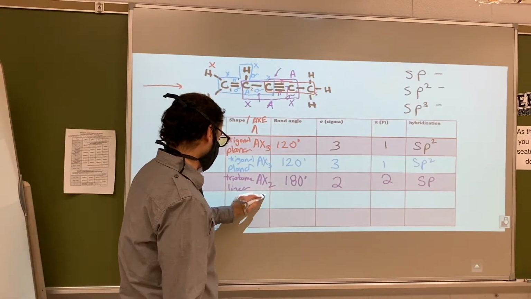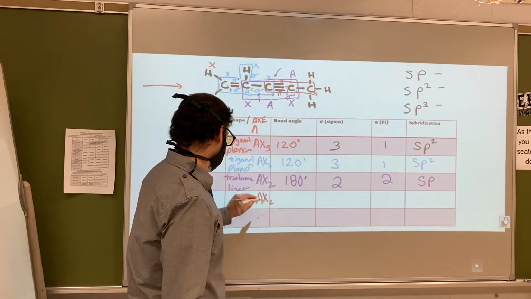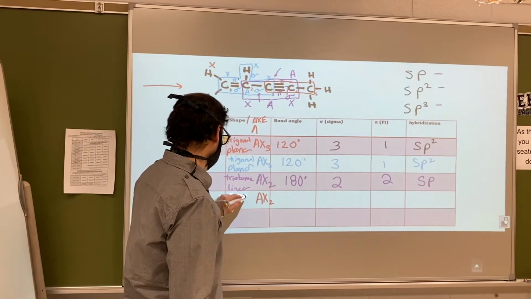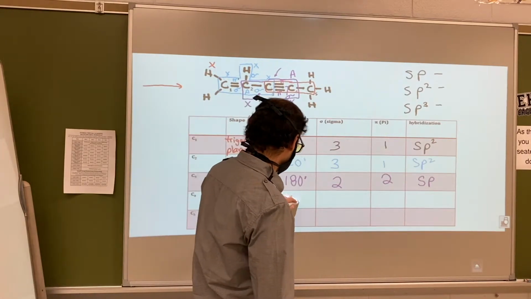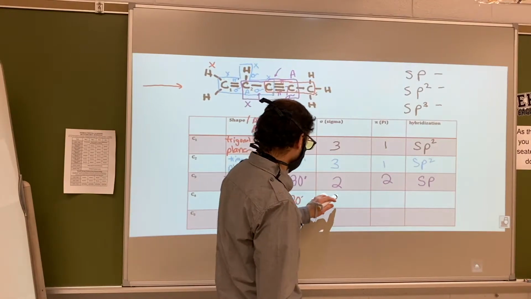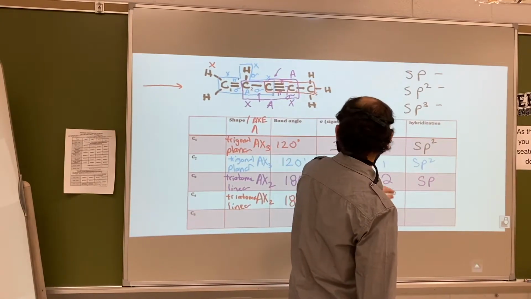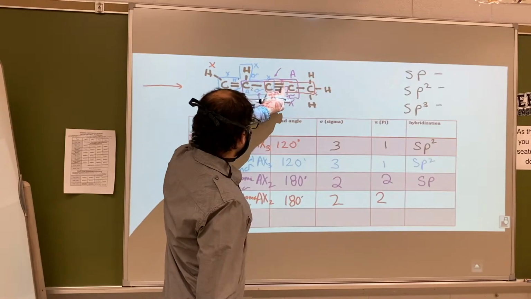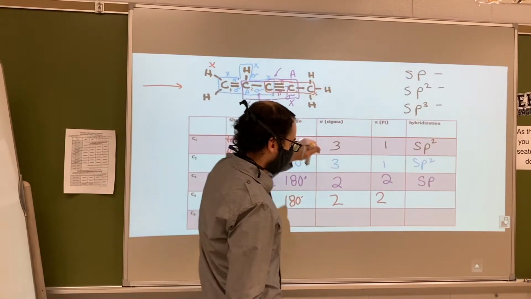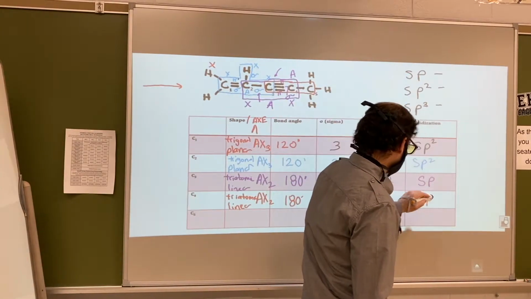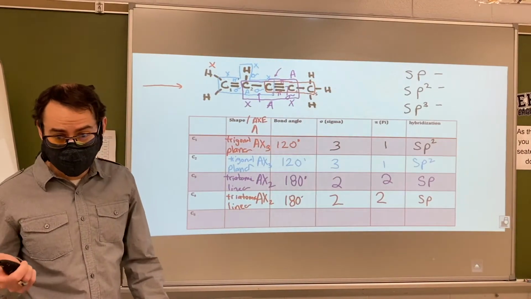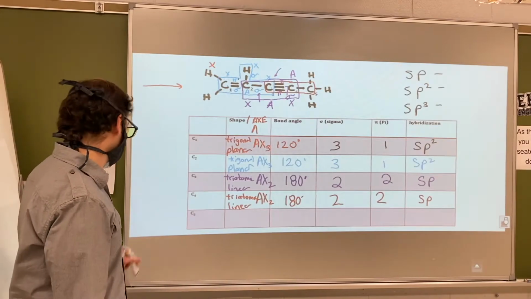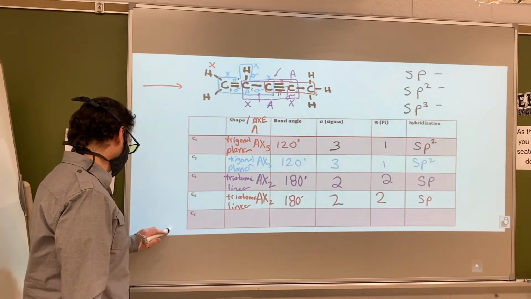We have AX2, triatomic linear, 180 degrees, 2 sigma, 2 pi, and it's also sp because it's linear. All right, and then the last one we have on here is our C5.